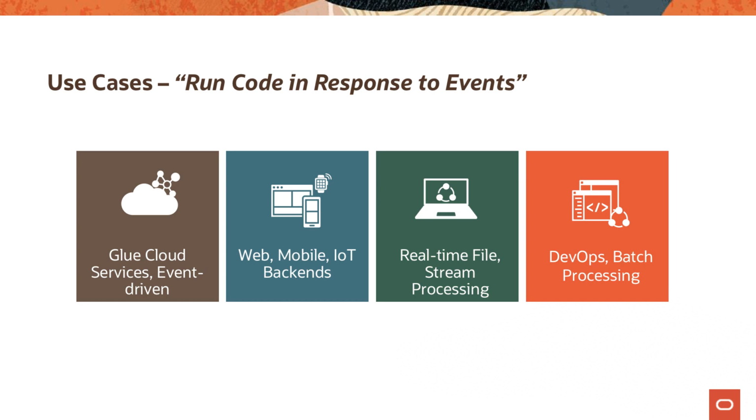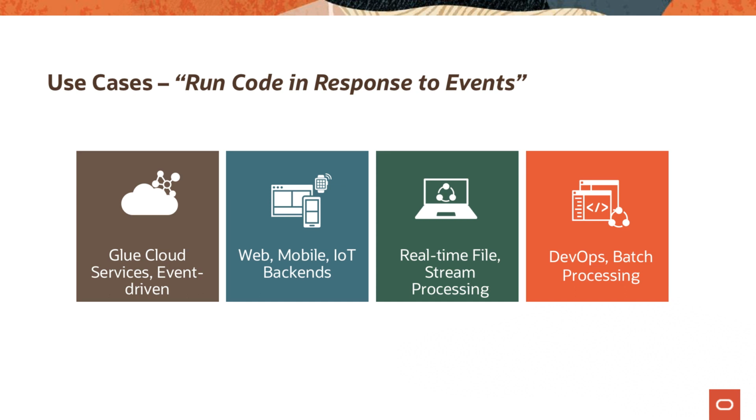This could be anywhere from real-time file and stream processing to DevOps and batch processing workloads, web, mobile, and IoT backends working in conjunction with API gateways is another set of use cases. And for integrating event-driven cloud services, it can act as glue between different cloud services.